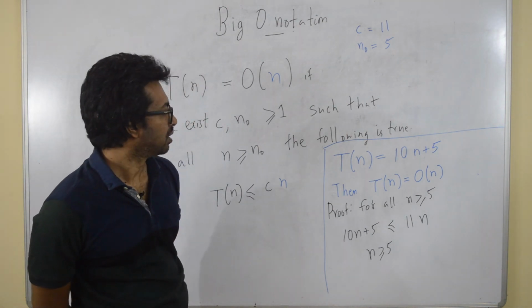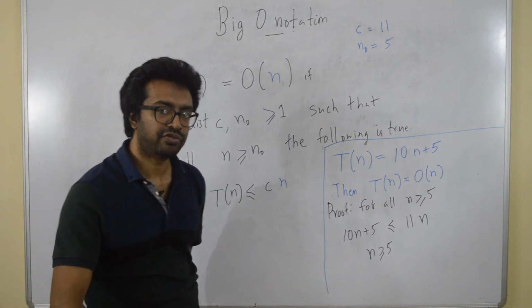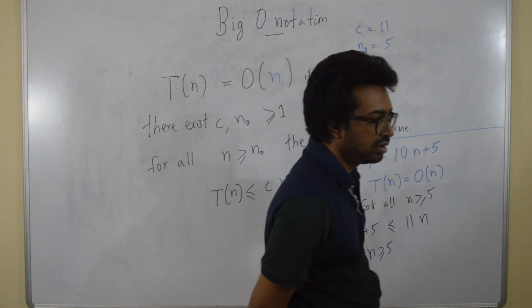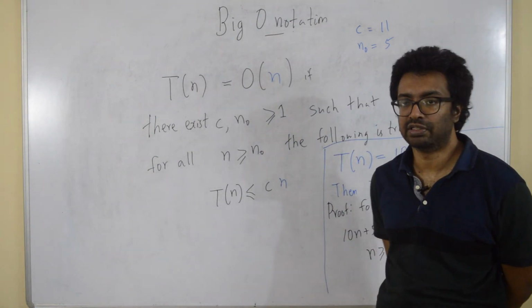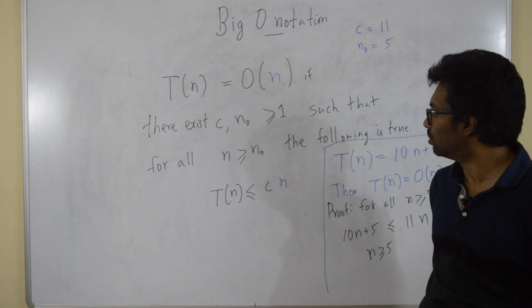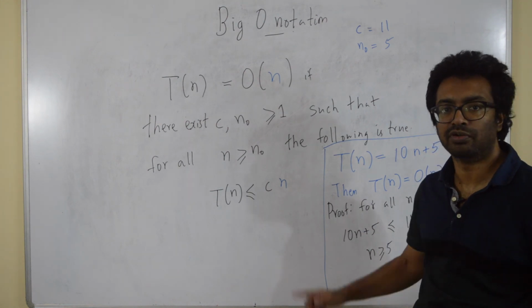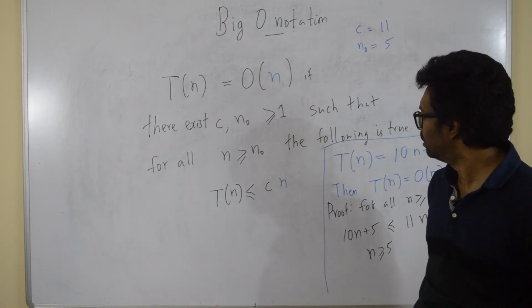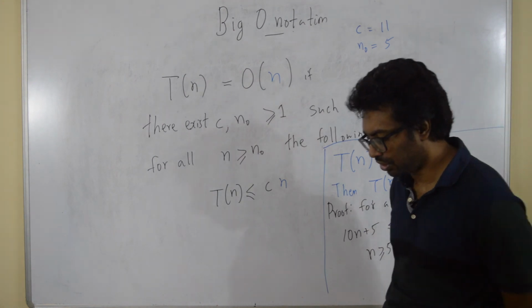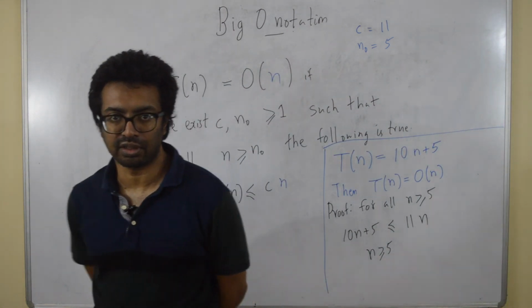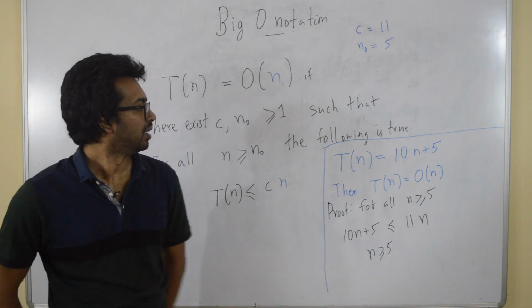We're going to go through a lot of examples now, and you have to get familiarized with this notation, so that you get comfortable with it, and you can also work out a lot of examples on your own.